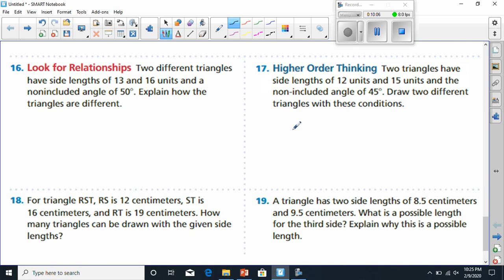If I did that, let's see, I could draw, well, this one could have 12. This one could have 15. And this could be 45.